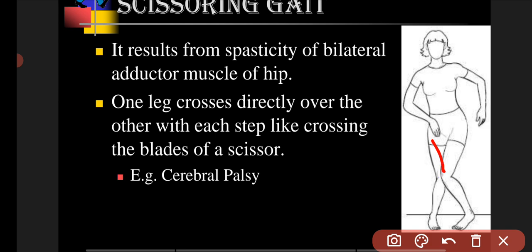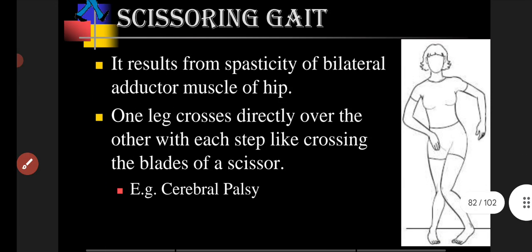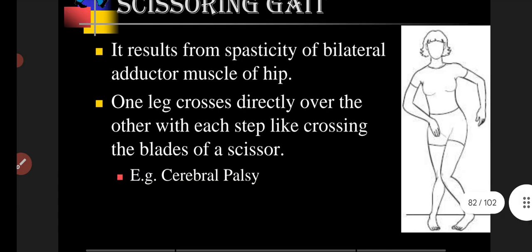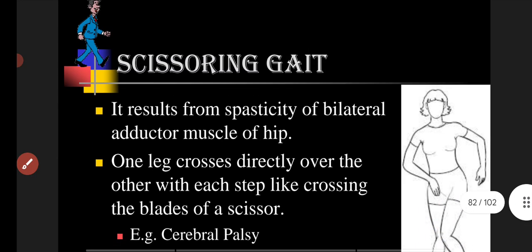This leg step will be here and this leg step will be here. It is normally seen in cerebral palsy patients. The legs cross each other during the stance and swing phase. That's why it is known as the Caesarean gait. It acts like a Caesar.